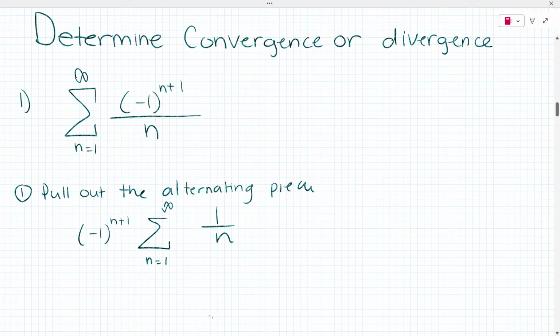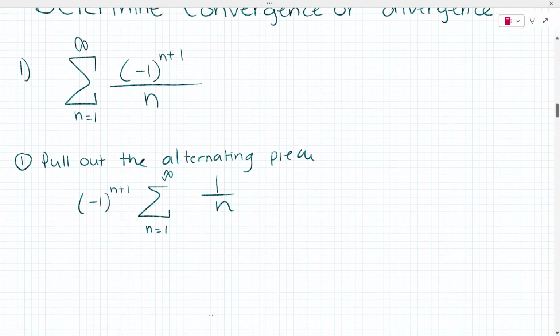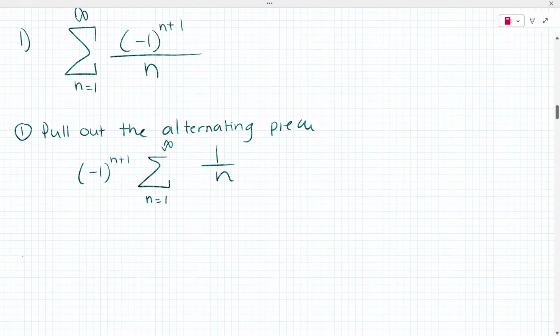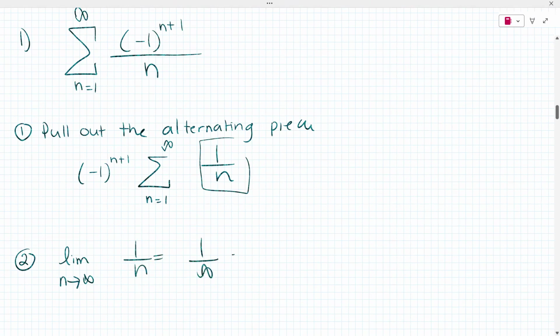Step two, plug in the limit as n approaches infinity into this. You get 1 over infinity, and what happens when you have 1 over a very large number? It becomes very close to 0. So if it equals 0, you know it will converge.